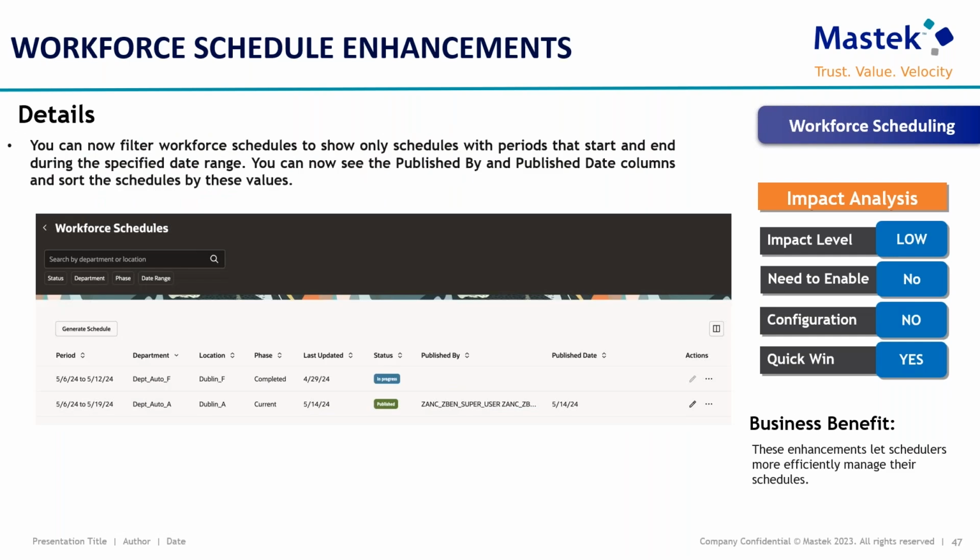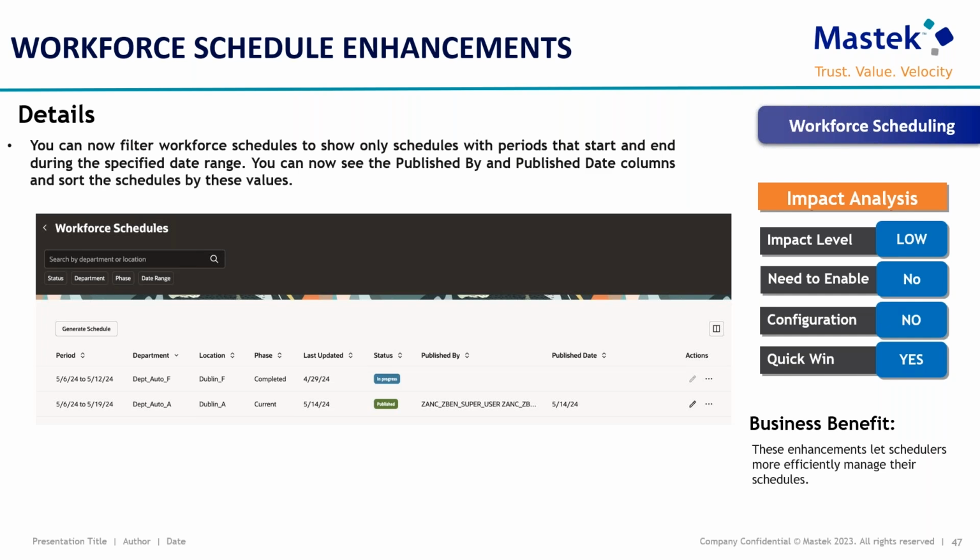The next feature is workforce schedule enhancements. In this area, workforce schedules could previously only show period start date and end date during a specified date range. Now we can see schedules based on a specific date range. As you can see on the screen, alongside status, department, and phase, there is a date range feature, and based on that, we can see any of the work schedules we want to specify.